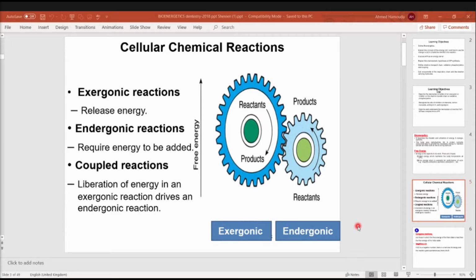These definitions are important to know, as I mentioned, because many questions have been asked before. Let's go to the next slide.